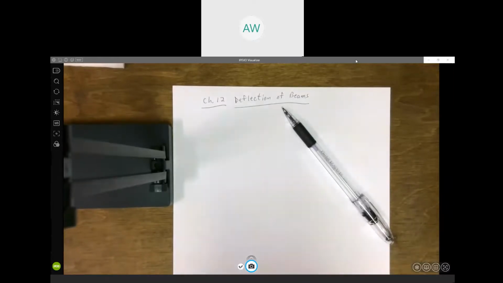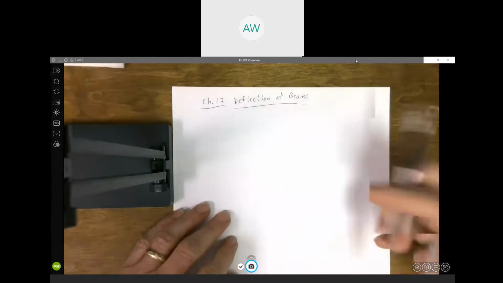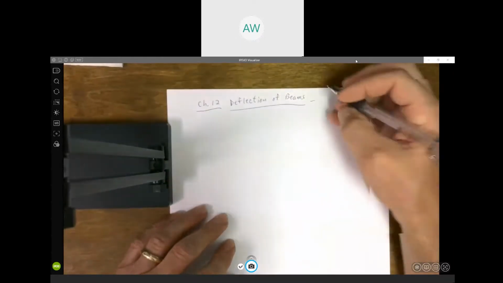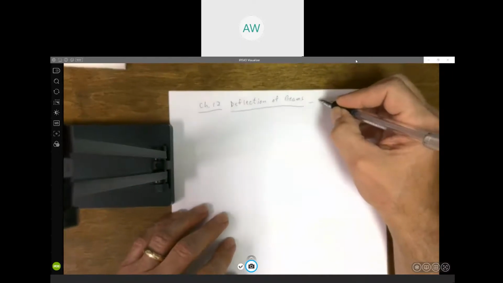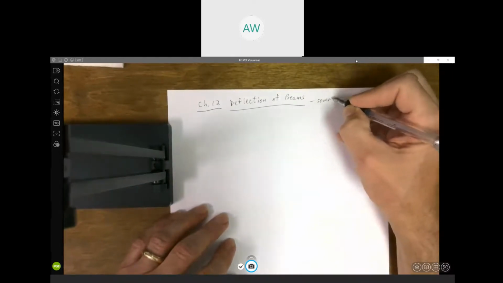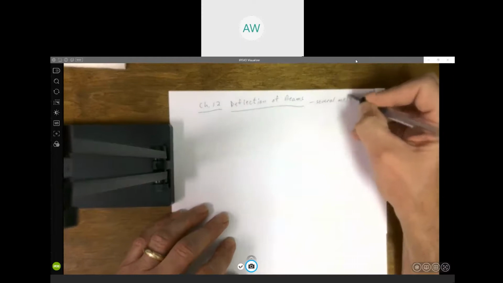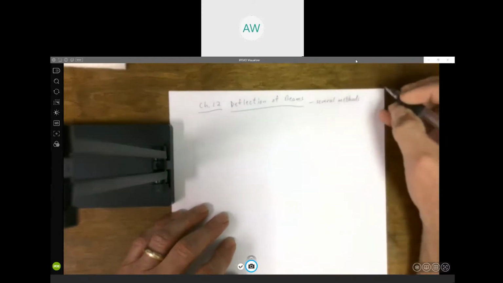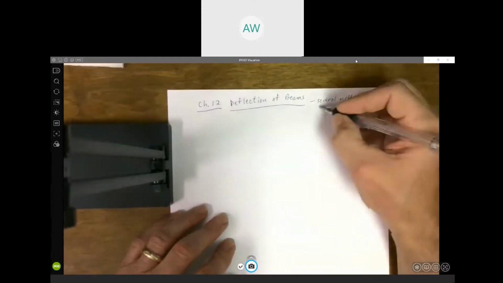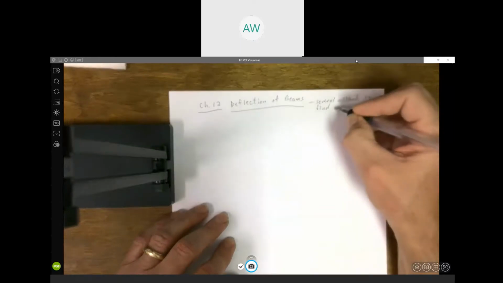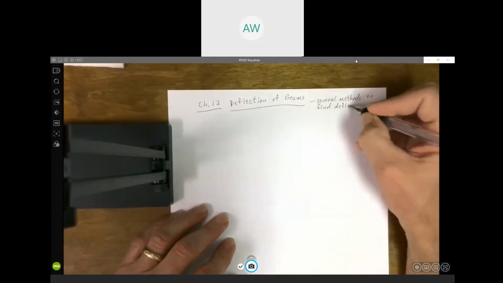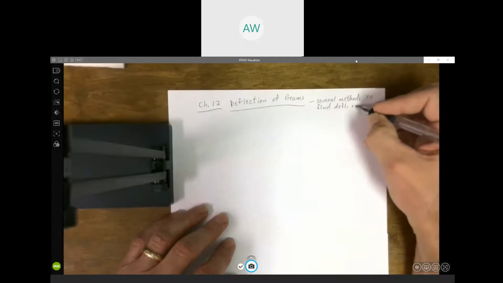There's at least 4, maybe 5 different methods to do this. And we're going to look at 2, right? So just FYI for information purposes. Again, there's several methods to find the deflection or displacement of a beam.